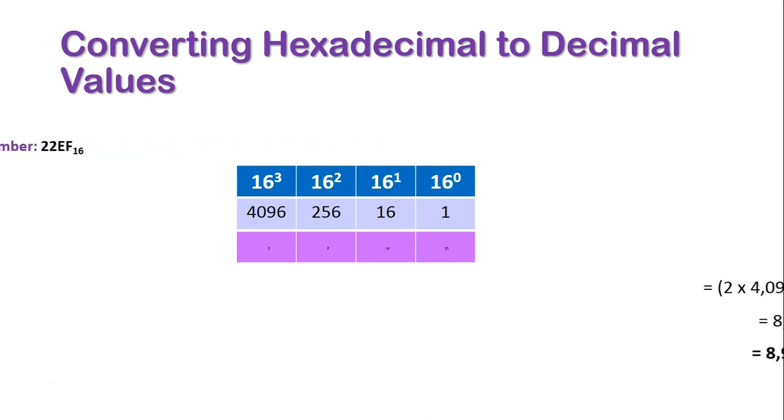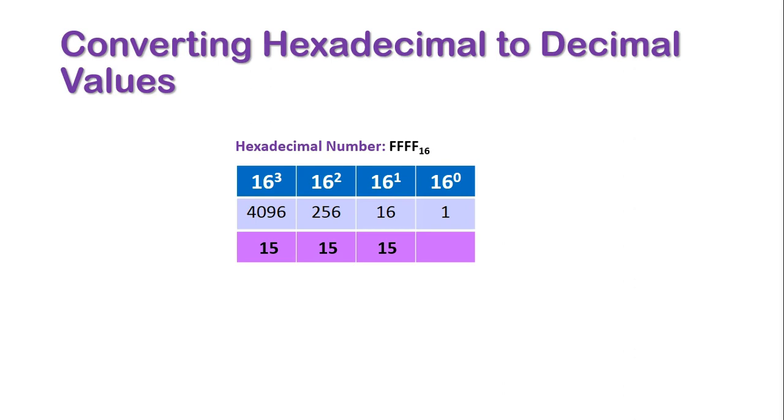The last value we're going to look at is our maximum 4-bit hexadecimal value, which is FFFF. And F, as mentioned before, translates to 15. So basically, 15 is going under each one of our brackets. So this translates to 15 times 4,096, 15 times 256, 15 times 16, and 15 times 1.